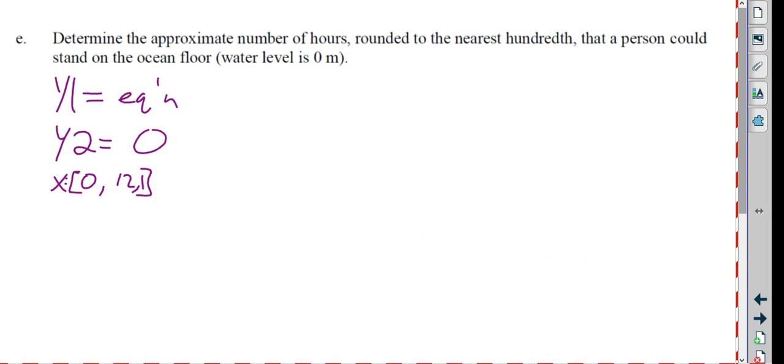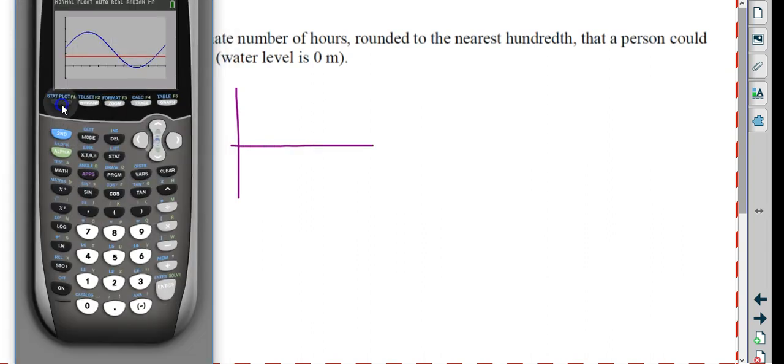Let's change that to a 0, and then graph.